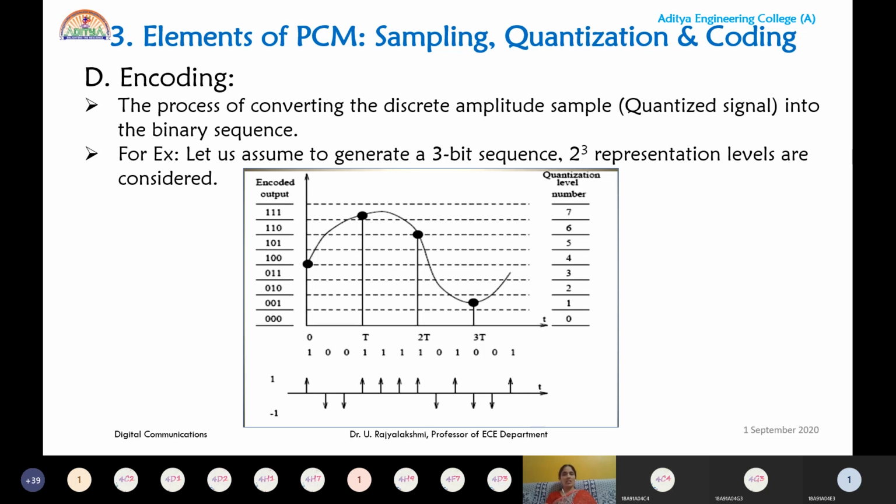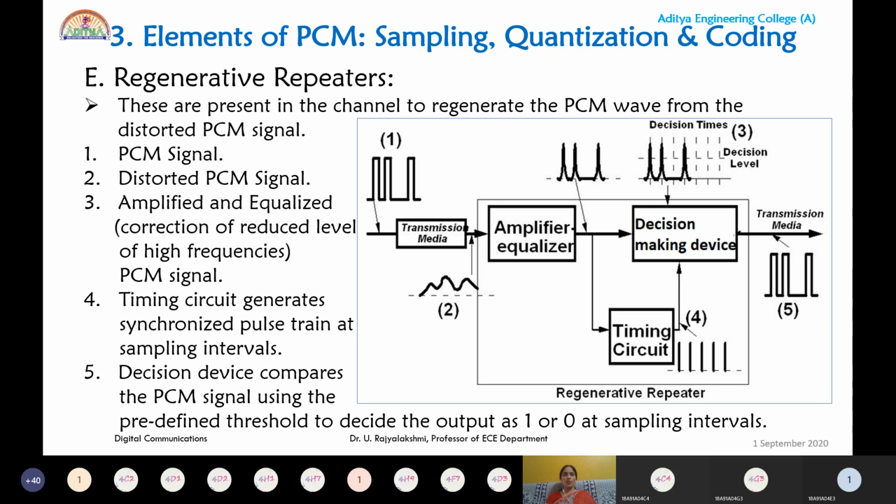If the signal is distorted, then we can regenerate the original signal by using regenerative repeaters. Let us move to the next slide where you can see the regenerative repeaters. We have many regenerative repeaters in the channel. Up to this we completed in the last class.